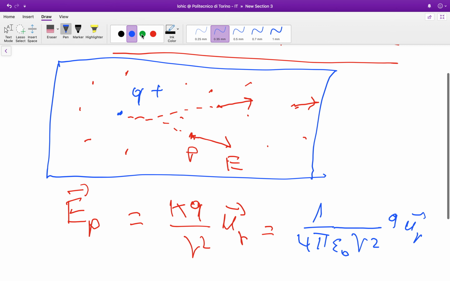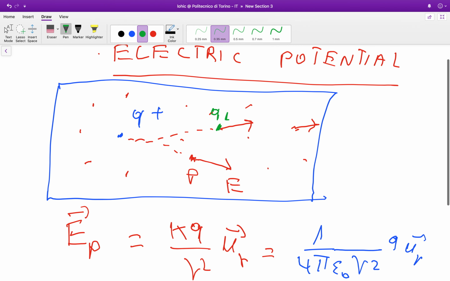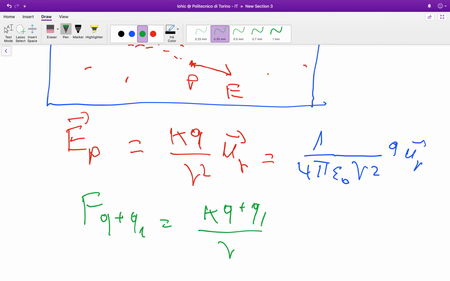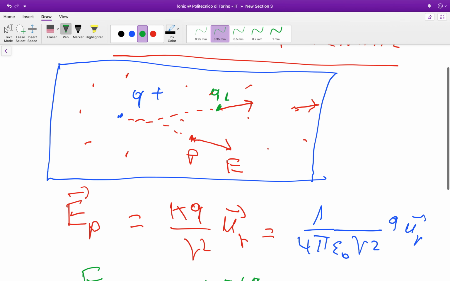But if I put another charge at this point here, let's call it the charge Q1, this charge Q1 is inside the field of the charge Q plus. Yes or not? And thus the charge Q1 will experience a force, the force that Q plus applies on Q1, equal to K multiplied by Q plus multiplied by Q1 over R square, where R square is this distance. Yes or not?